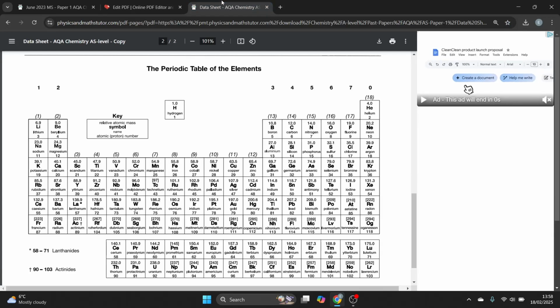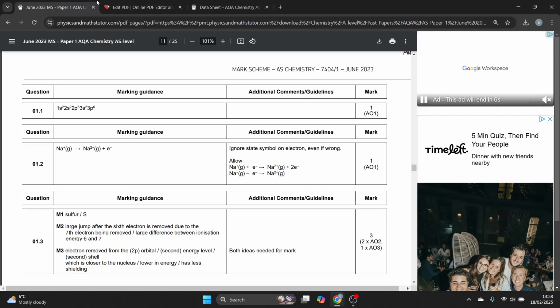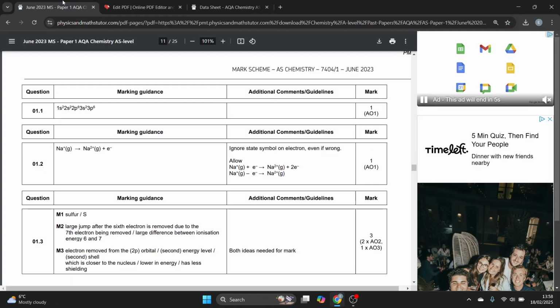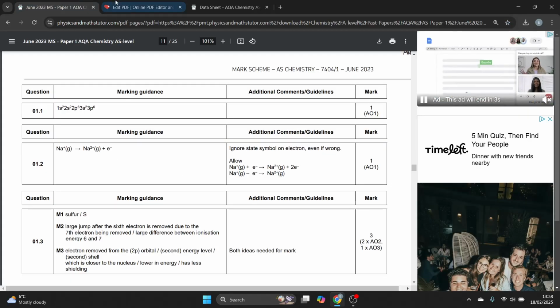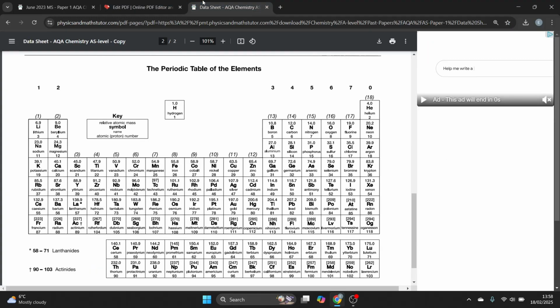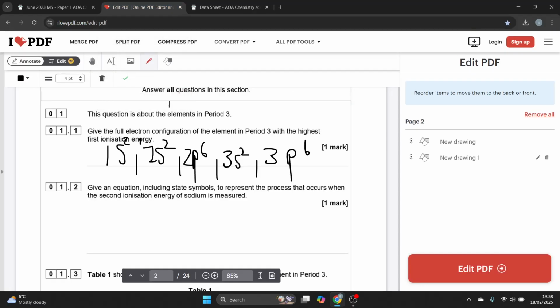And the thing about potassium was it had 1 electron less, so it would be 3s1, highest first ionization energy, so 3s2 would be better. 1s2, 2s2, 2p6. Oh, I completely forgot the 3p6. So 1s2, 2s2, 2p6, 3s2, 3p6. So it's actually going to be argon then here, because 4 plus 6, 10, 18.